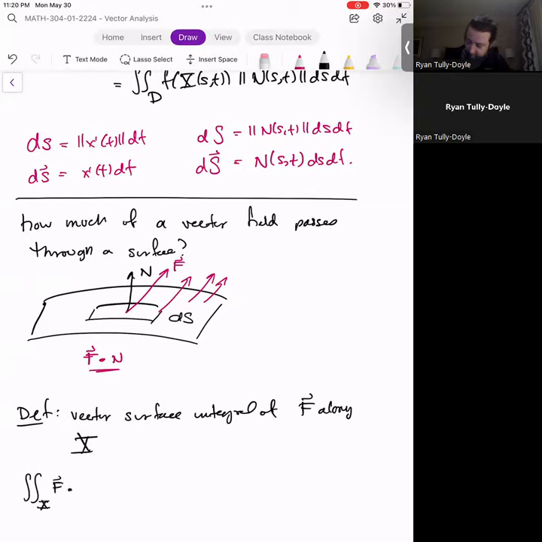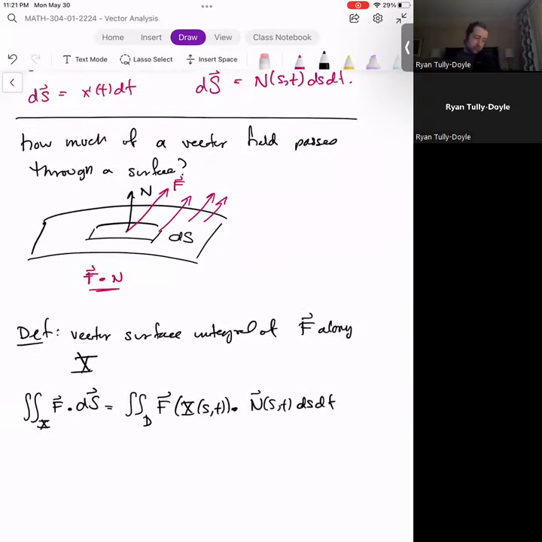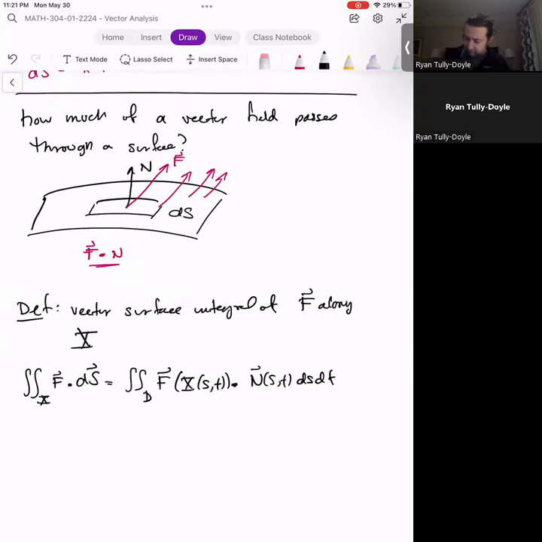F dotted with dS vector is equal to the double integral over D of F of x of s and t dotted with N of s and t ds dt. And we can actually go one step further because we could notice that we can normalize this vector. So we could write little n of s and t is equal to big N of s and t over the length of N of s and t. So we get a unit vector out. That's a unit normal.